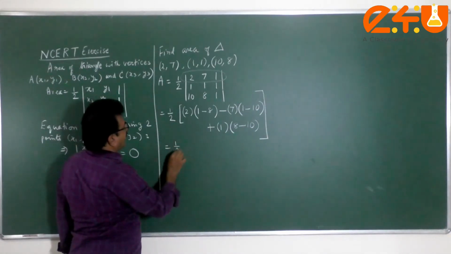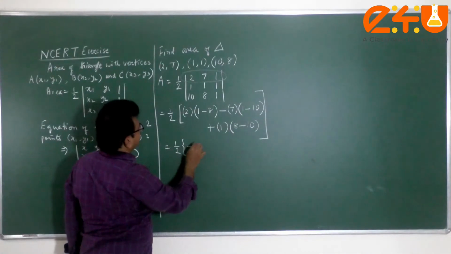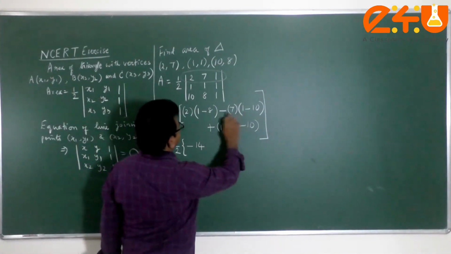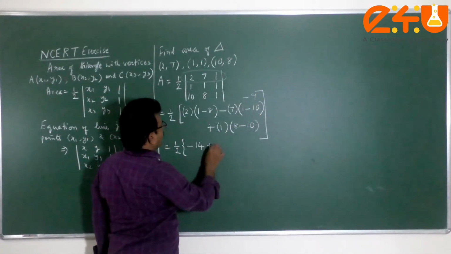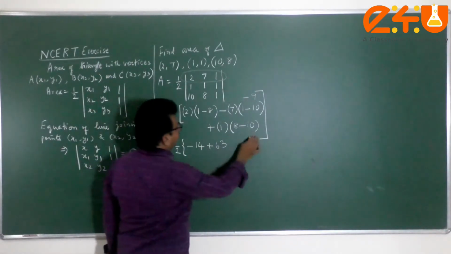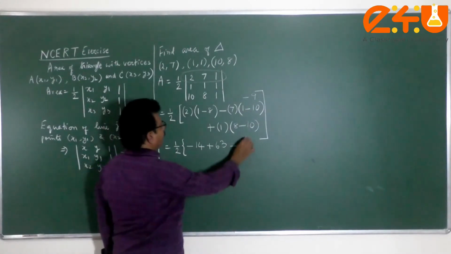So it is half. It is 1 minus 8, which is minus 7, multiplied by 2. This is minus 14. Minus 9 multiplied by minus 7, so positive 63. 8 minus 10 multiplied by 1, negative 2.